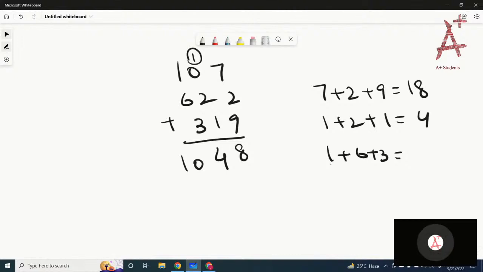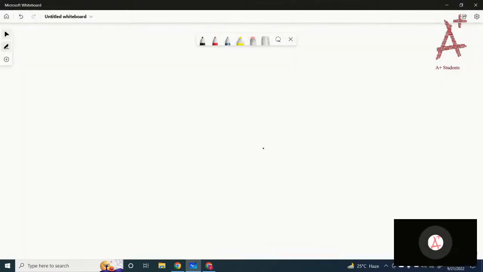So we have done 4 of the lessons today. You can find these lessons on the A Plus website. Just go to aplusstudents.com. Then you have to log in using your email address and password provided by the administration. Then select the subject math.